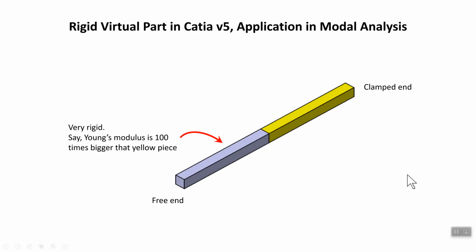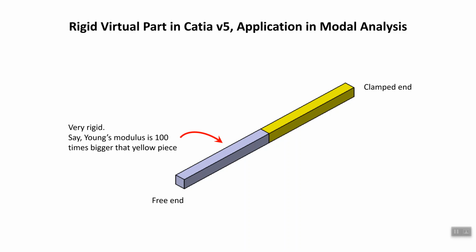So here's the situation. We have a part like that. This is drawn as if it's a beam, looks like a beam. It's clamped at the right end and free at the other end. I'm assuming the half of this beam that's attached to the clamped end is given there. And then the piece on the left side is significantly more rigid than the yellow one.